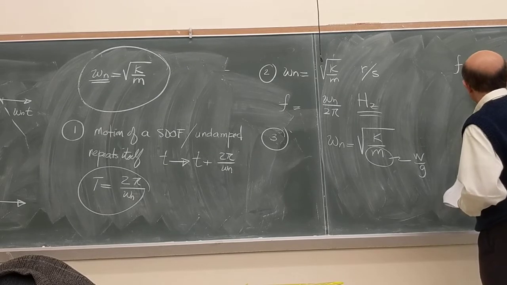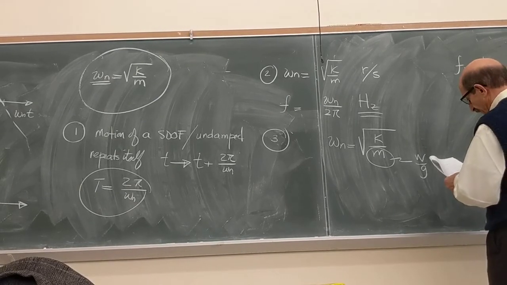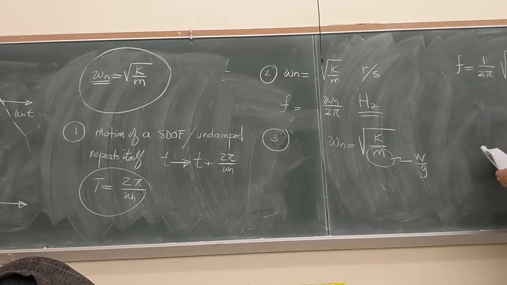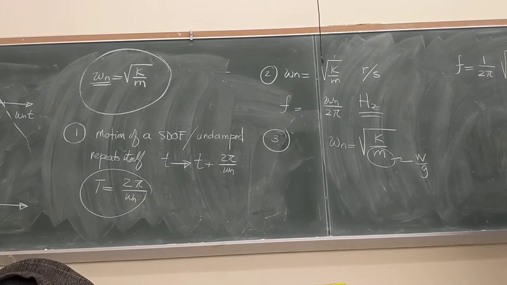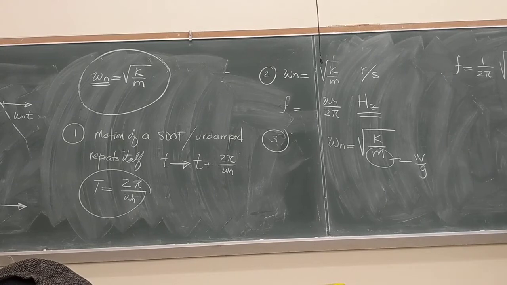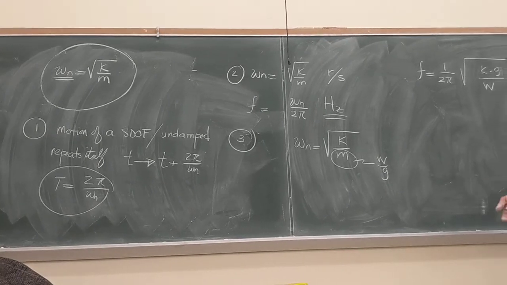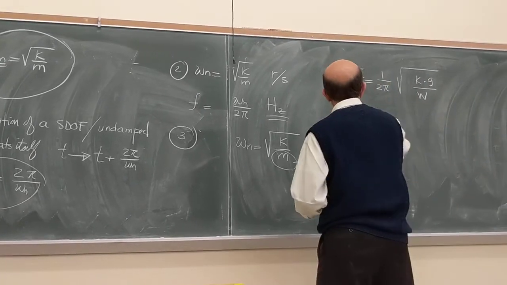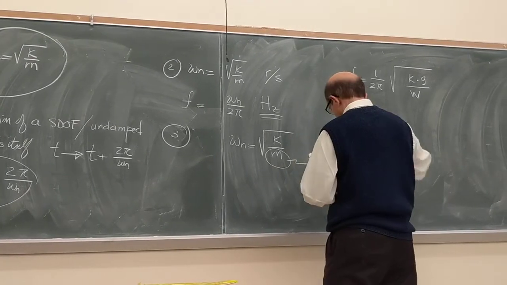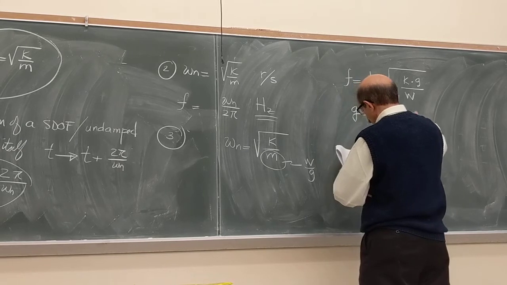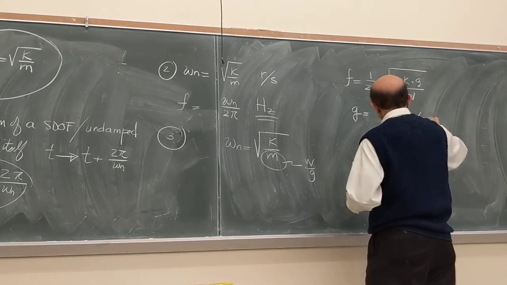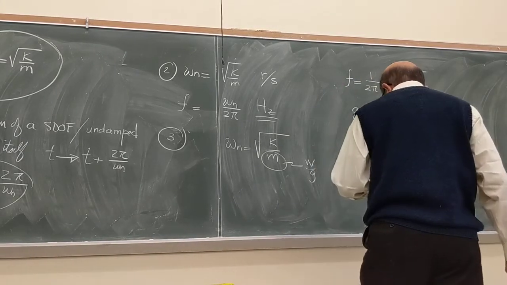So the natural frequency of a system then is 1 over 2 pi times the square root of K times g over W, right? If you're dealing, of course, with wonderful British units, this is 32.2 times 12 inches per second squared, right? Or meters per second squared.